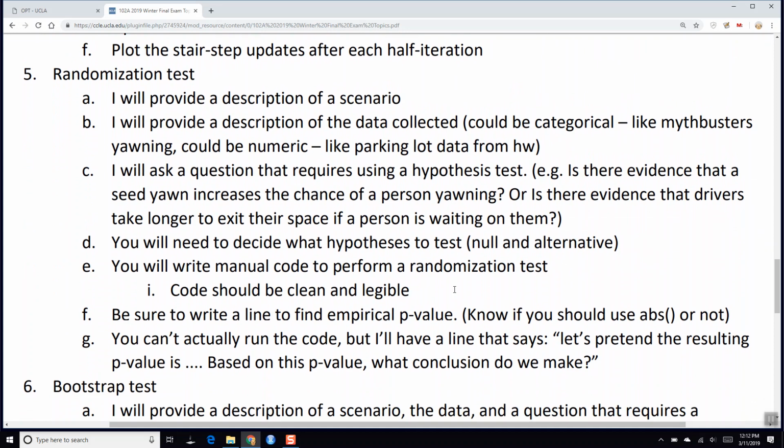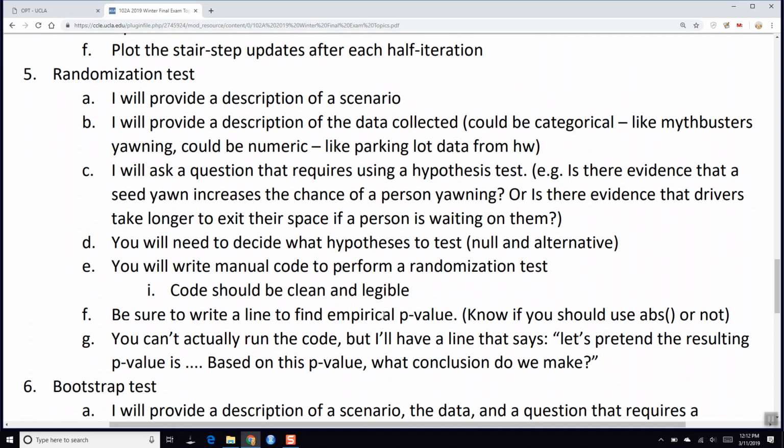And then you will write some code to perform a randomization test, okay? And so this is probably like 5 or 6 lines of code. It shouldn't be too hard. And you know, one of those lines needs to be how to estimate the empirical p-value, okay?